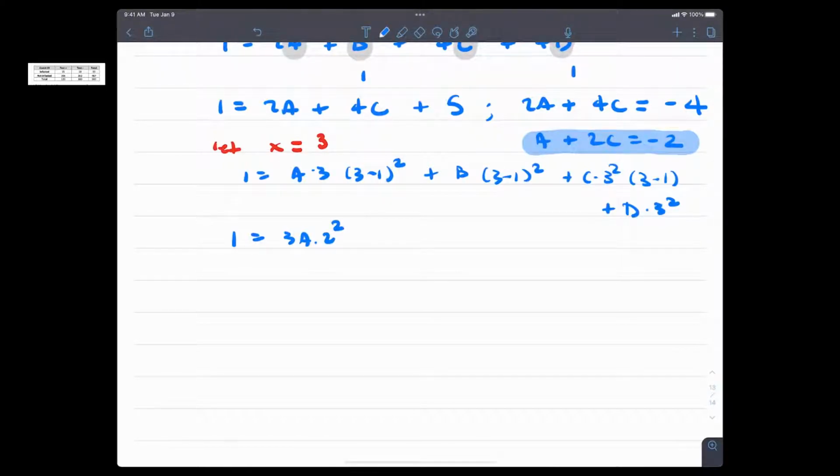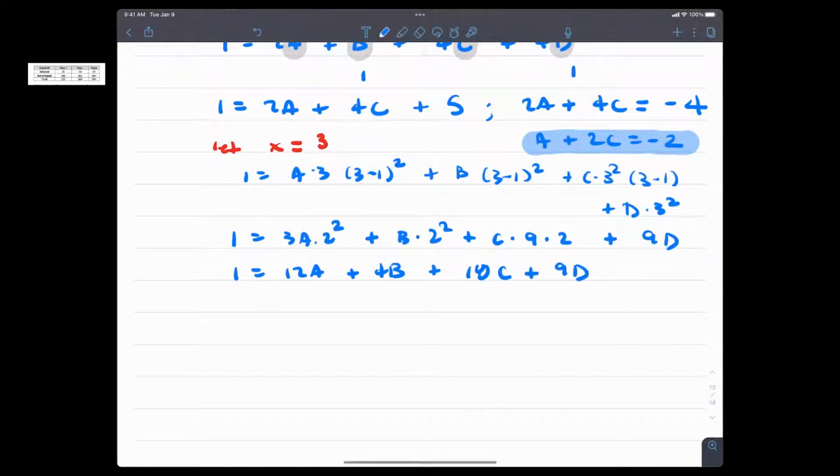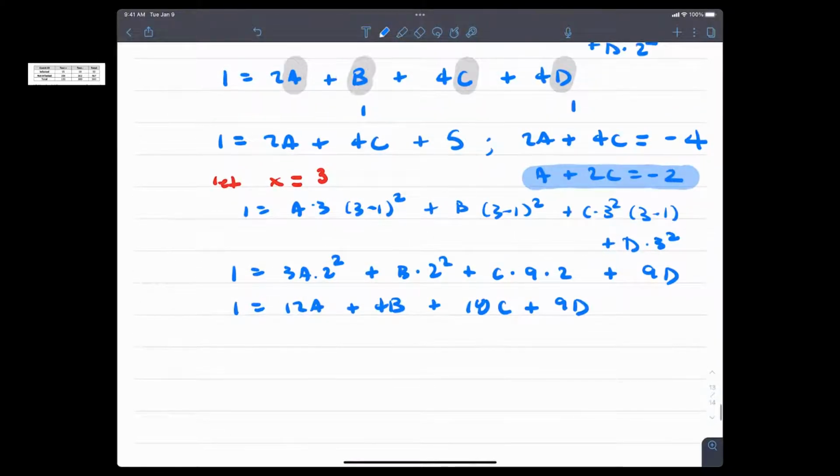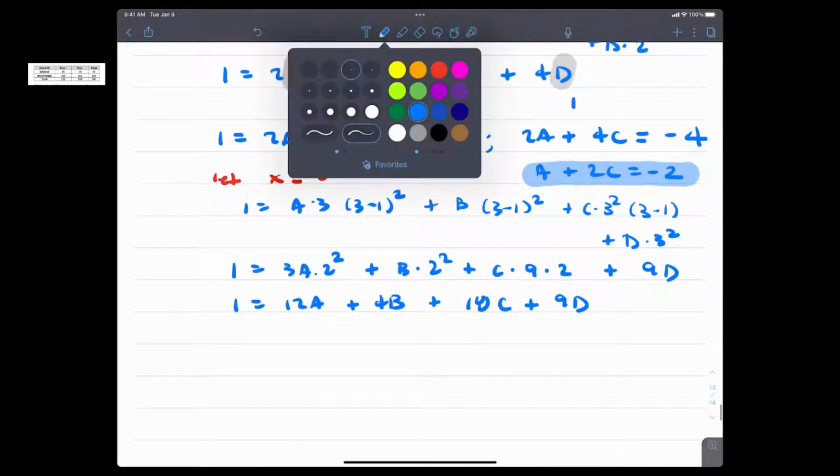You okay with that? 2 squared? B times 2 squared. C times 9 times 2 plus 9D. So I'm going to let you guys see this here, and that's going to give you 12A plus 4B plus 18C plus 9D. And you say, I get 4 unknowns and 1 equation again.